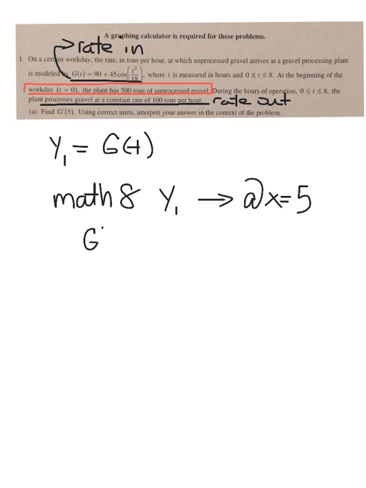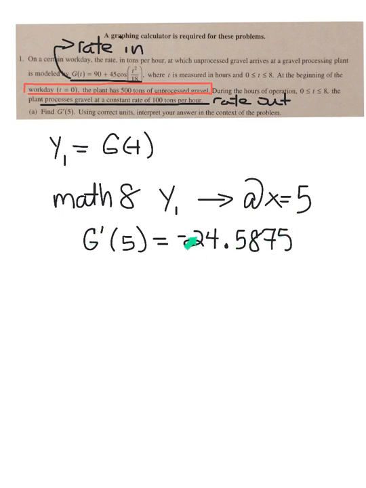All right, so I have G prime of 5 is negative 24.5875. Okay, now let's look at the units here. Because if we look at G, this is in tons per hour, and what we did was we just took the derivative.